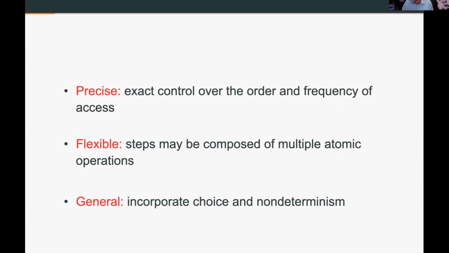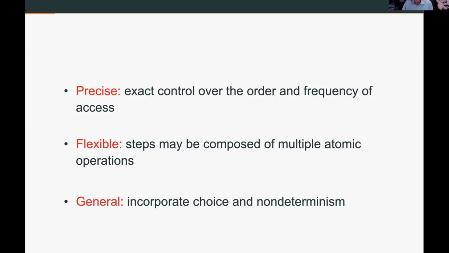So overall, the difference between abstract state machines and what I have in mind is how finely we can describe control. We want to be able to describe it precisely, what the order and frequency of different actions and memory accesses are.